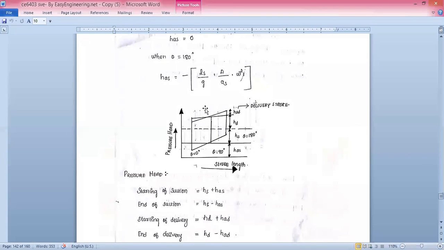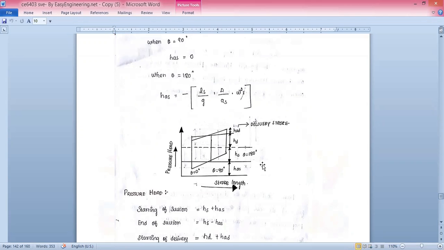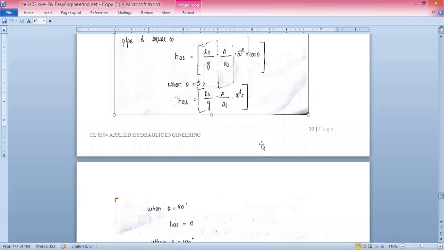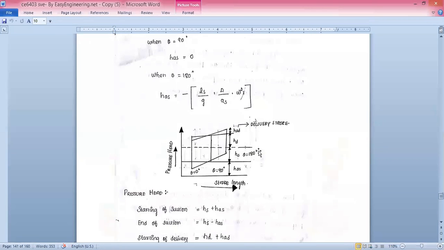This graph between the stroke length and the pressure head shows some changes inside the reciprocating pump, the piston working inside the cylinder and generating the suction for the water uplifting.